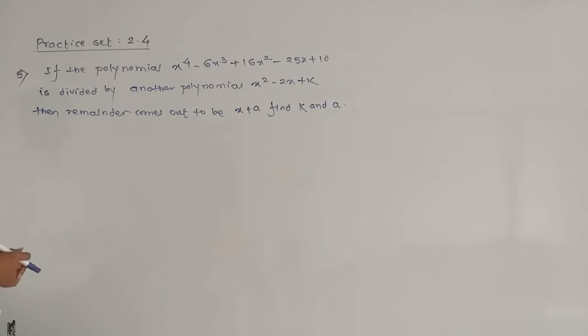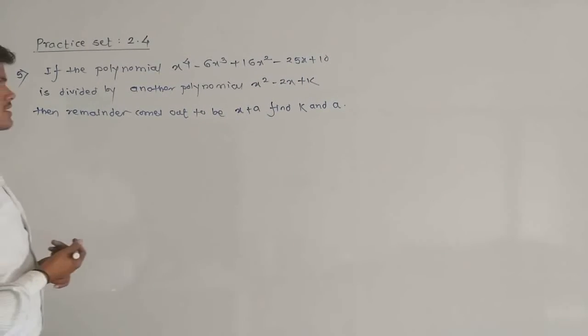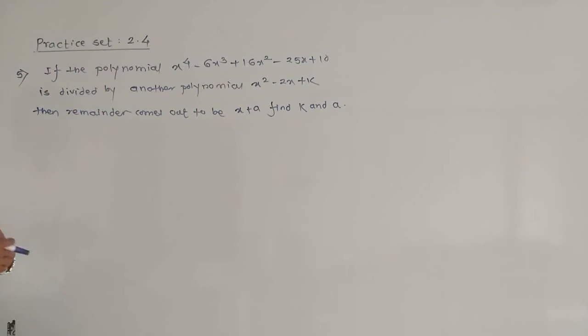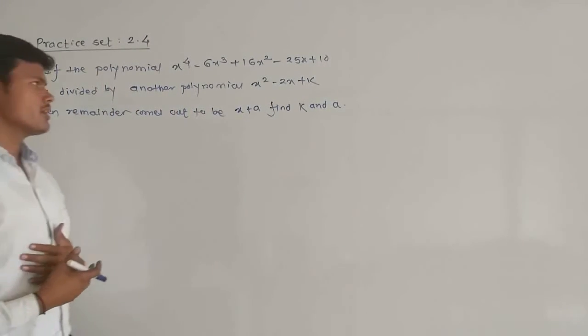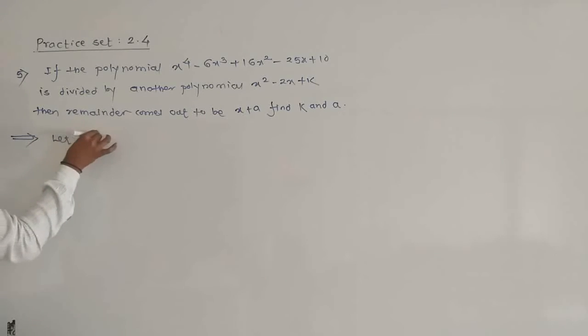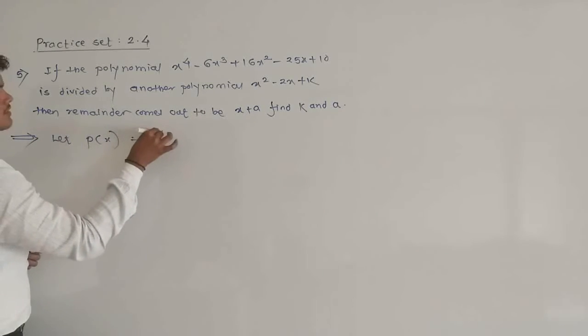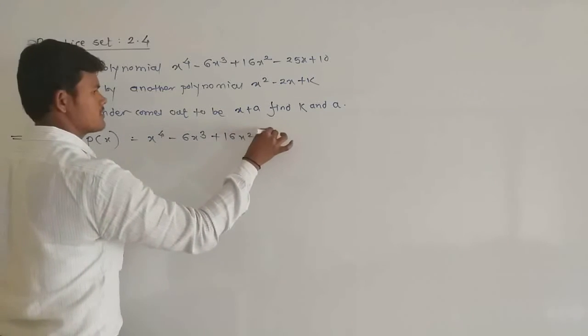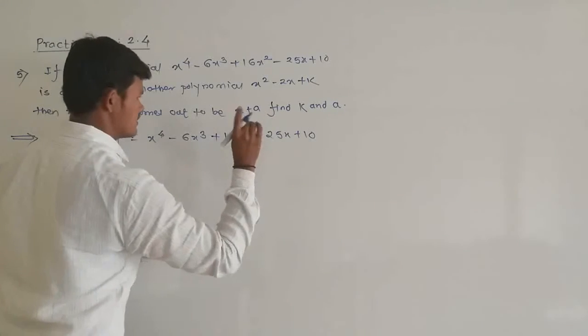Now, the last question of the exercise 2.4 is, if the polynomial x raised to 4 minus 6x cube plus 16x square minus 25x plus 10 is divided by another polynomial x square minus 2x plus k, then the remainder comes out to be x plus a, then find the values of k and a. Okay, so let p of x is equal to x raised to 4 minus 6x cube plus 16x square minus 25x plus 10 is a polynomial.